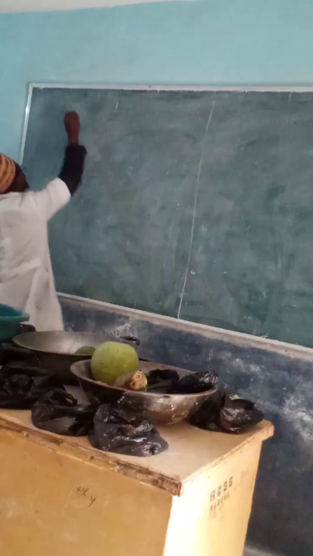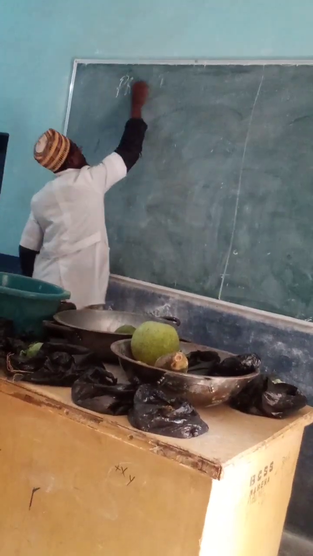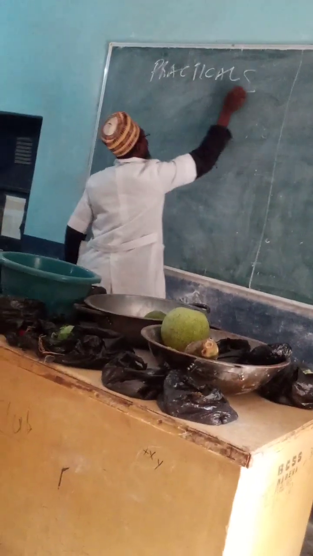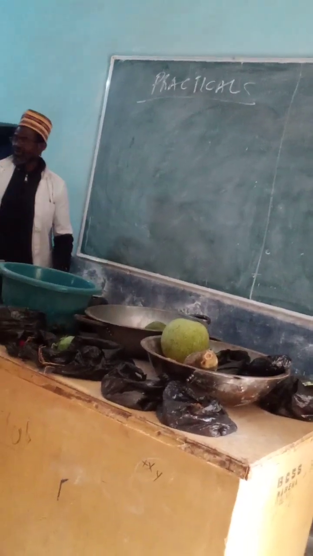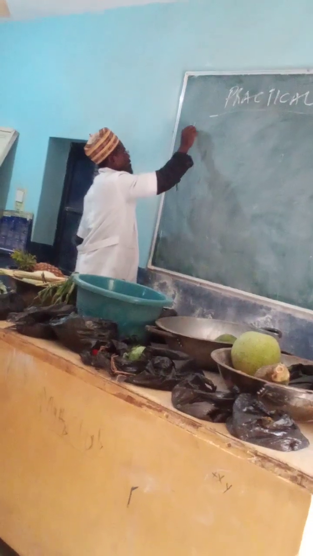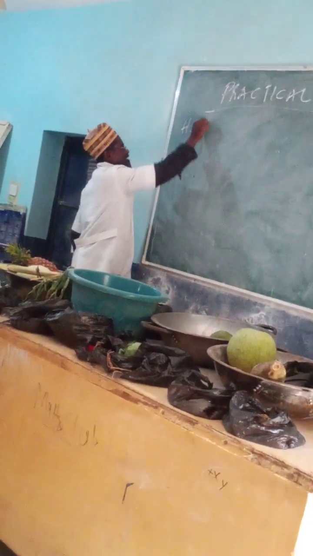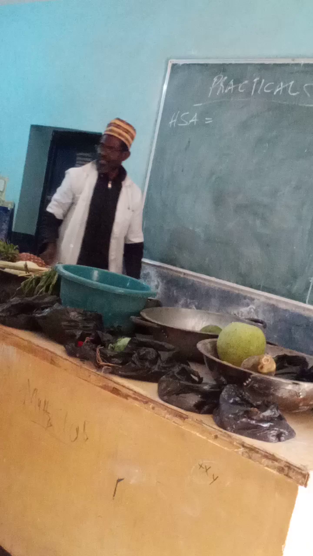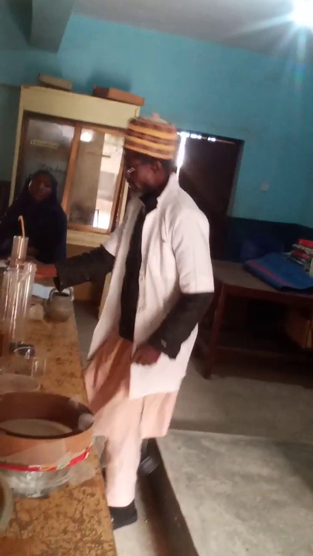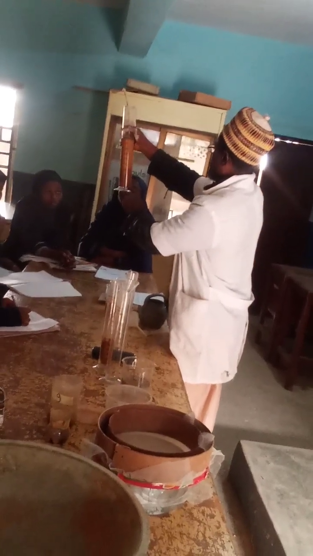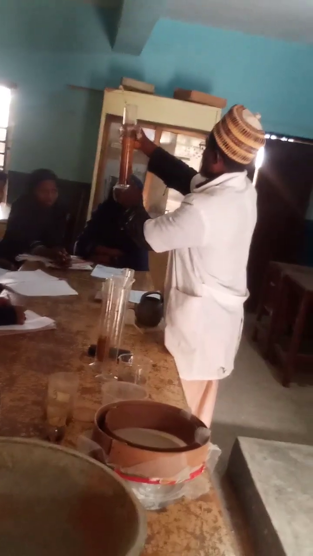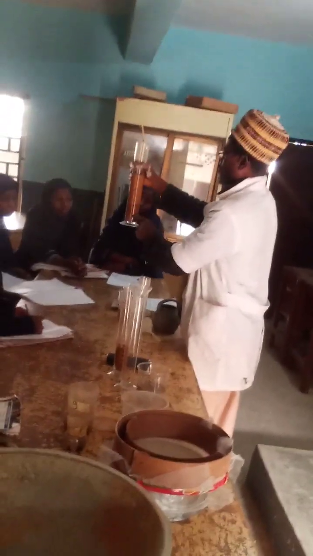Having known the total height of the soil particles, the height of the sand will be known first. Height of the sand, abbreviated as HSA, is equal to, from the bottom, the sand particles up to around 60, because they are bigger particles.